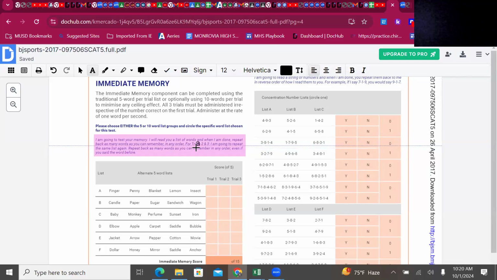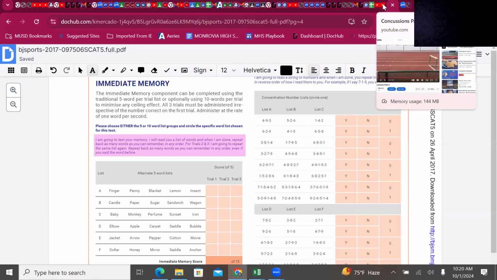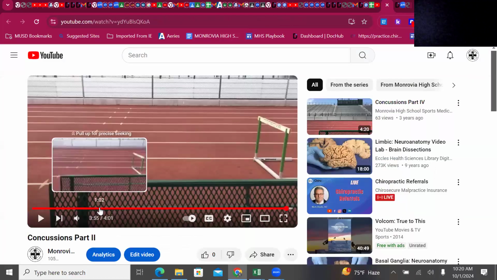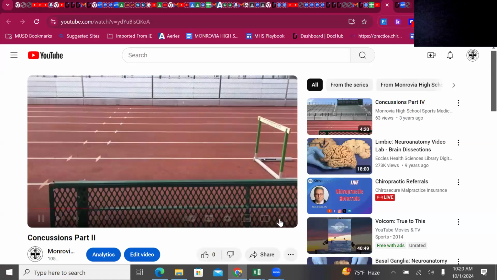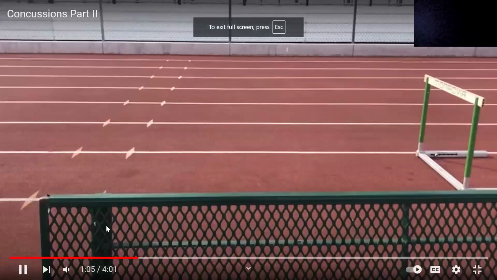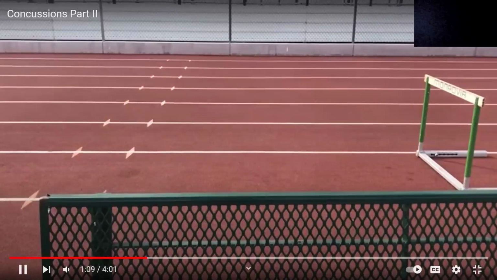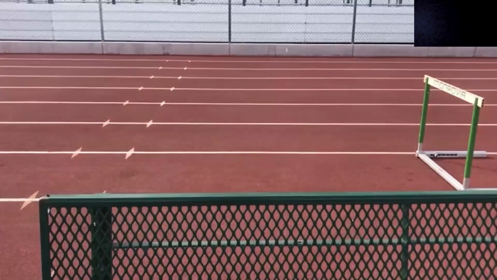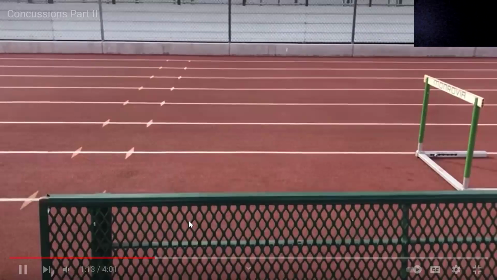Repeat back as many words as you can remember in any order, even if you said the word before. Here is the 5-word list.